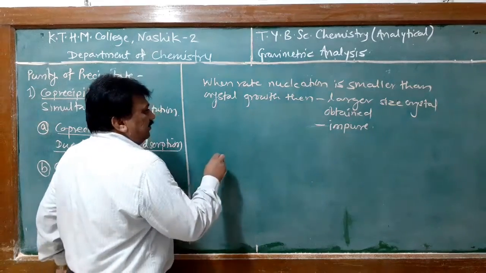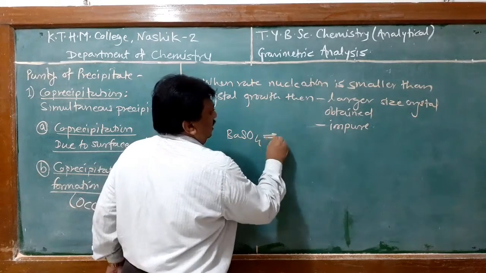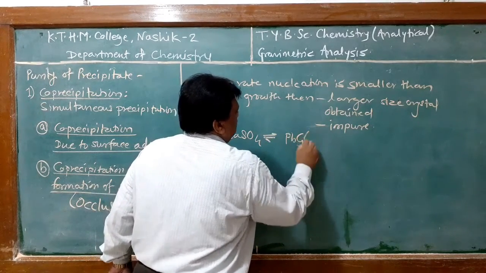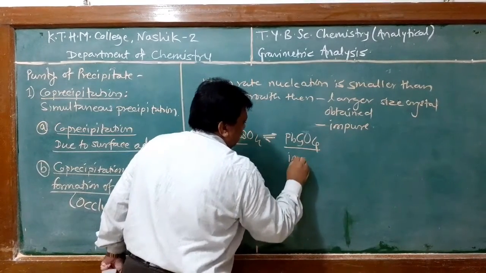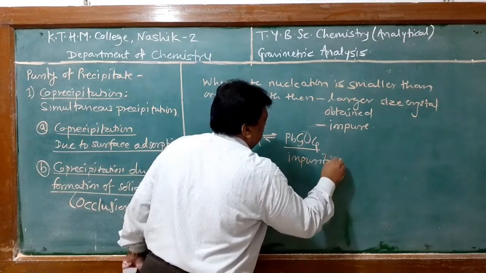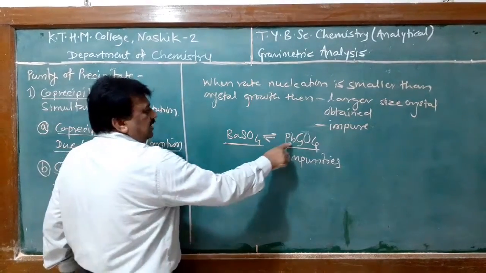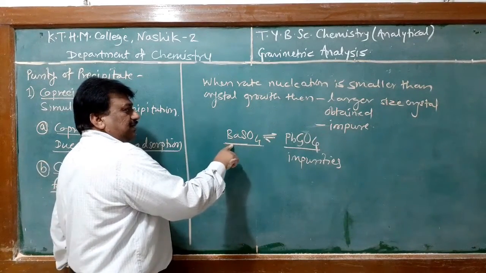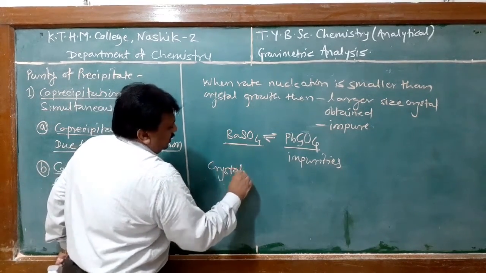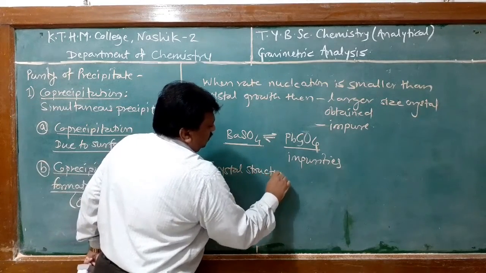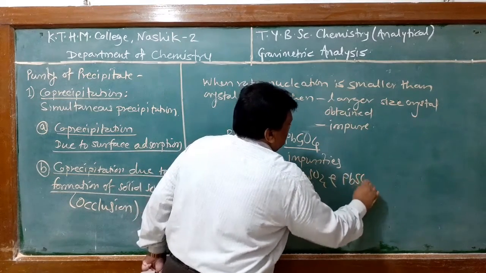For example, if we have to precipitate out barium sulfate, then lead sulfate can act as the impurity, because if lead ions are present during the precipitation of barium ion, then lead ions get precipitated in the barium sulfate precipitate, because the crystal structures of BaSO4 and PbSO4 are identical.